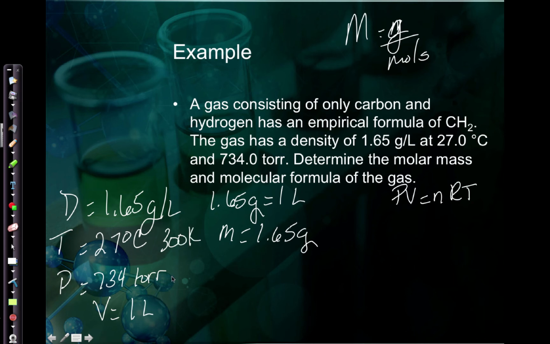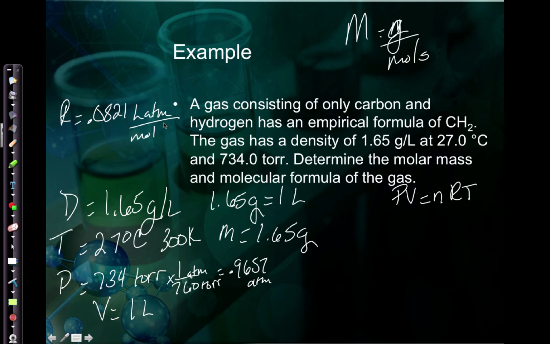I'm going to convert the pressure to atmospheres, and you're going to get 0.965 atm. All right, and I have liters, I have kelvins. Now I'm going to plug it in. Everything matches my R unit, so now I can just plug it into the formula and solve for n.